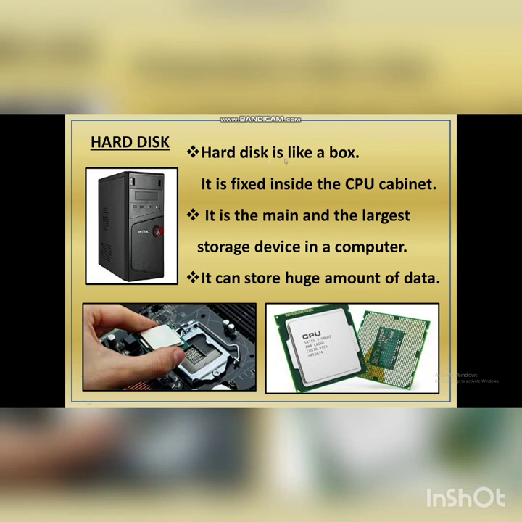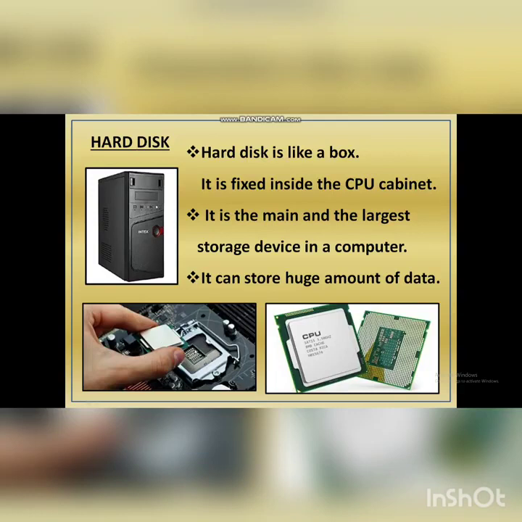The hard disk is like a box. It is fixed inside the CPU cabinet. Children, the first picture is of a CPU cabinet. Now in this CPU cabinet there are many circuits, wiring is there, and the most important thing that is fixed inside this CPU cabinet is the hard disk. So where is the hard disk?